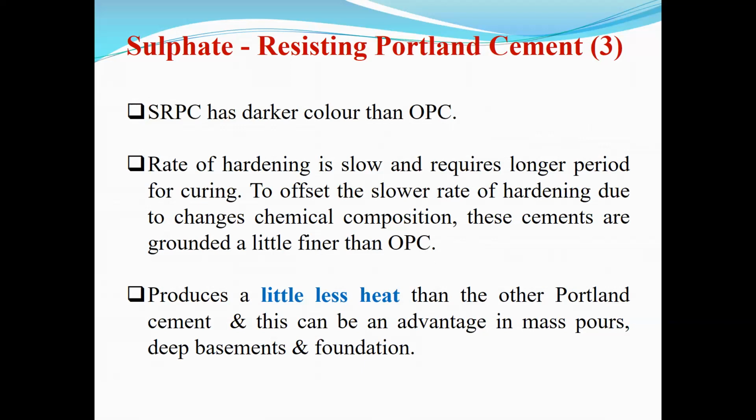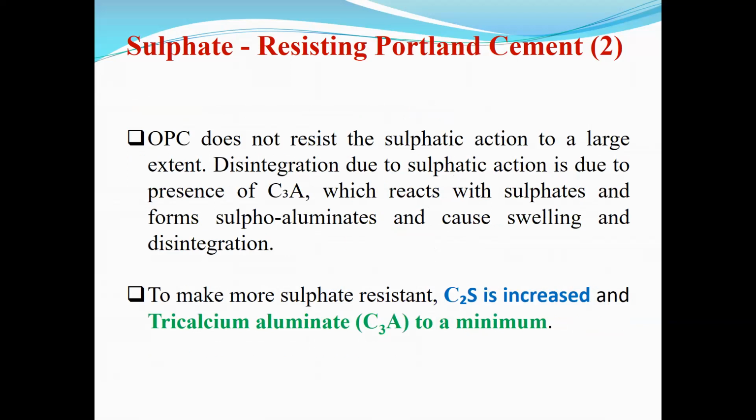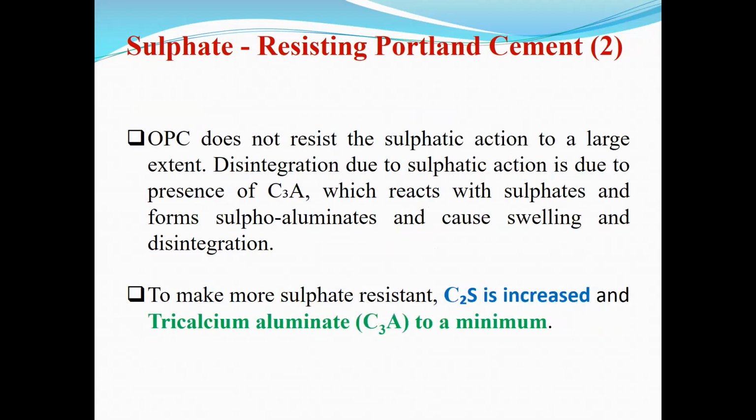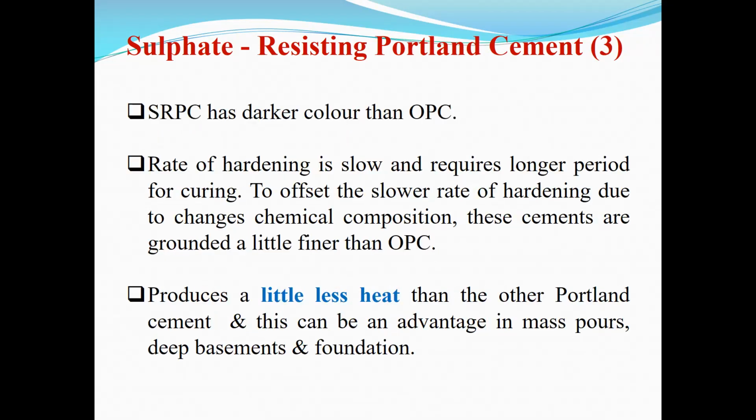So you make some changes in the chemical composition, C2S is increased, but at the same time, to compensate for the slower hardening due to the addition of C2S, you make the cement finer, which makes a balance. It produces a little less heat than other Portland cement, and that's why it is also advantageous to use in mass pouring, deep basements, or in foundations.